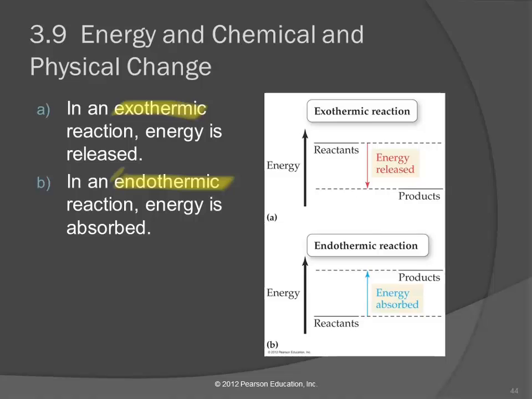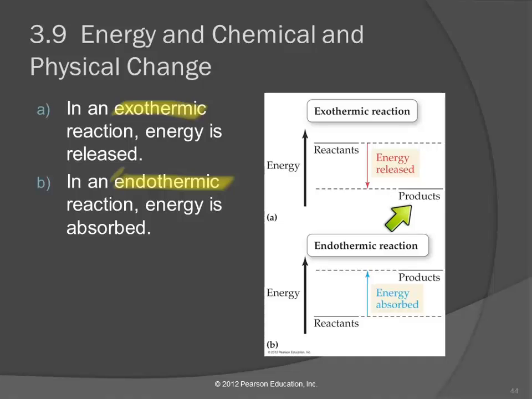In an exothermic reaction, we have an illustration of it here. The reactants, what we start out with, start at a higher energy level. In this drawing, as we go up, the energy level is greater, which is a little bit like raising the pen above the table. The higher you raise it, the more potential energy it has. So the reactants, what you start with, have more energy than the products.